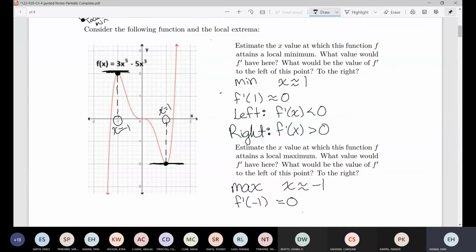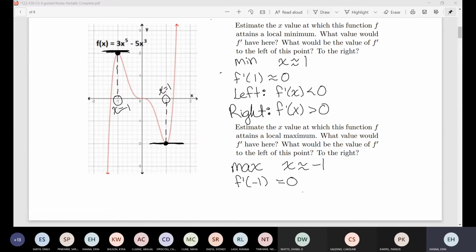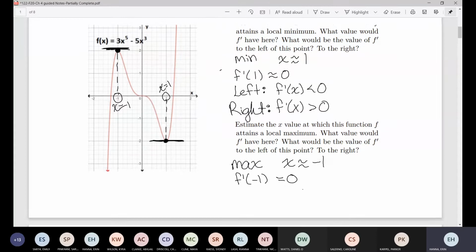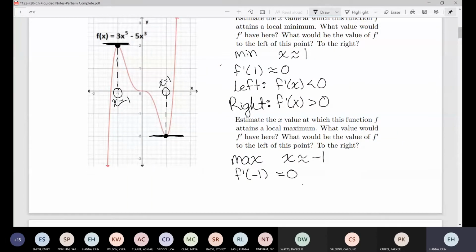Well, what's happening to the left and to the right of that point? Well, if we look to the left of it, the original function is increasing. If the original function is increasing, the derivative is positive. That relationship is highly important. So we would essentially have that the derivative is positive to the left. And I'm now writing it in a different notation than I did above.